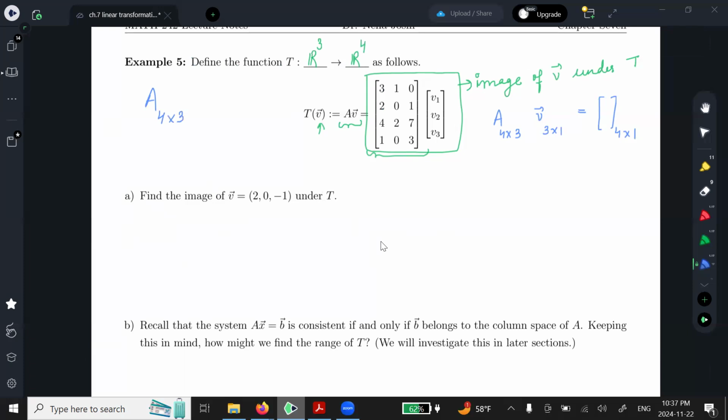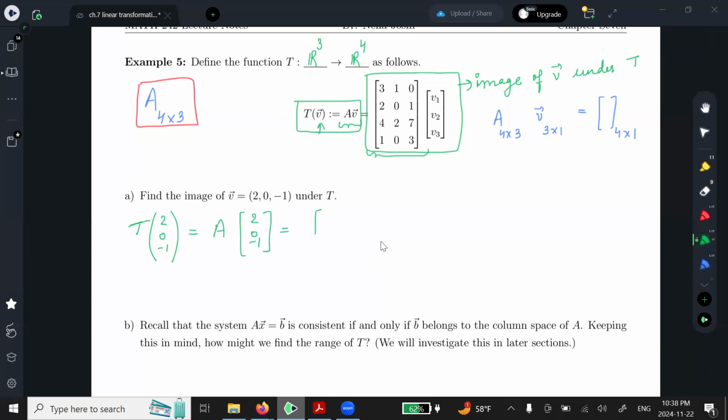So it should work. The logic should work. Now, this question is really straightforward because I don't have to plug in any values. I just have to find the matrix product because we're using this definition right here. So the image of any vector under the linear transformation is calculated by A times that vector.